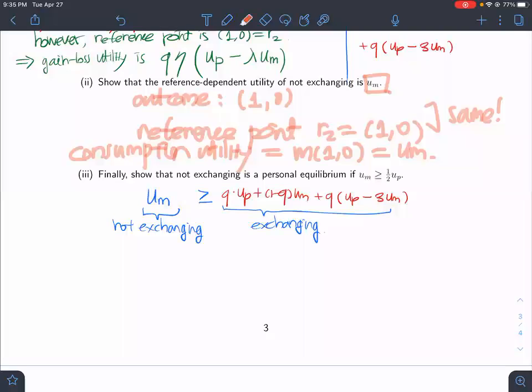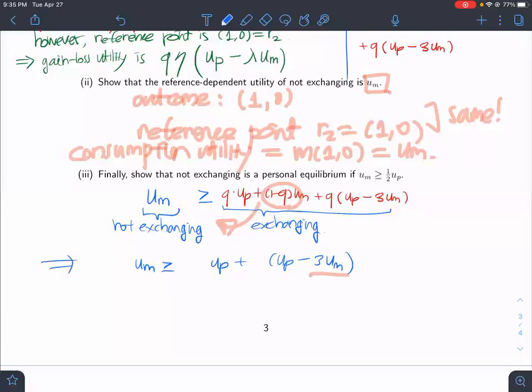So let me gather all the UMs and all the UPs. If I take this guy to the left-hand side, then I will have QUM, QUP, QUP minus 3QUM. Okay, so we have Qs everywhere, so I can just cancel that out. I can just erase it. And then let me move this 3UM to the left-hand side.